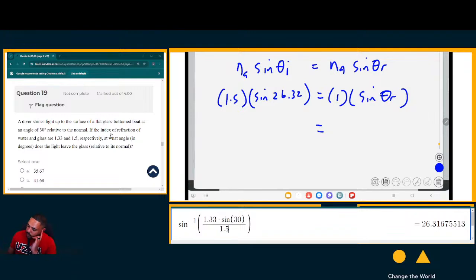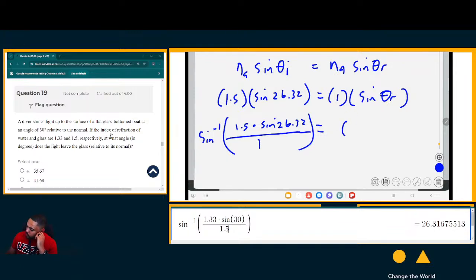Now, same steps, we do the whole same thing. So the sine of incidence, 1.5 times the sine of 26.32 over 1 would give me theta r, the angle of refraction.